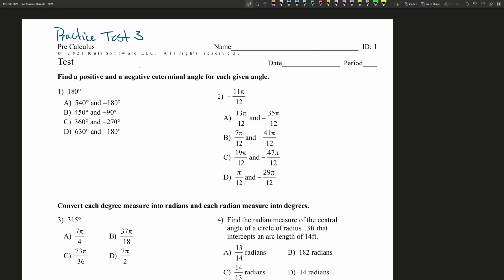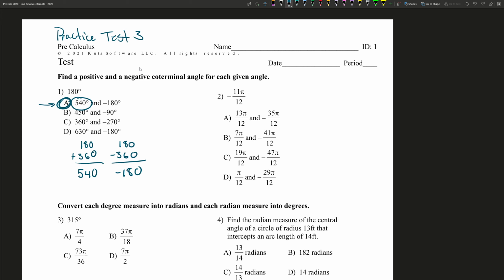So for 180, we can add 360 to that. When we do that, we get 540, right? So 540 is an option right here. And we can also subtract just to see what happens. And when we do that, we get negative 180, right? So option A is our answer, okay?